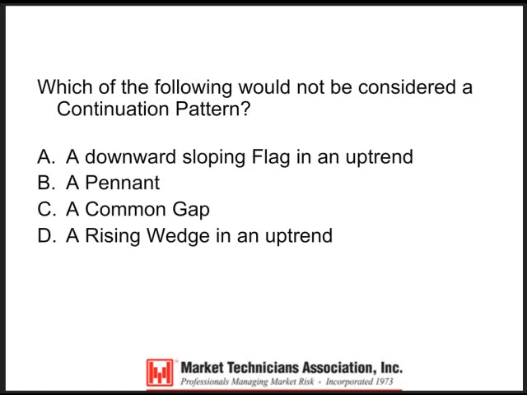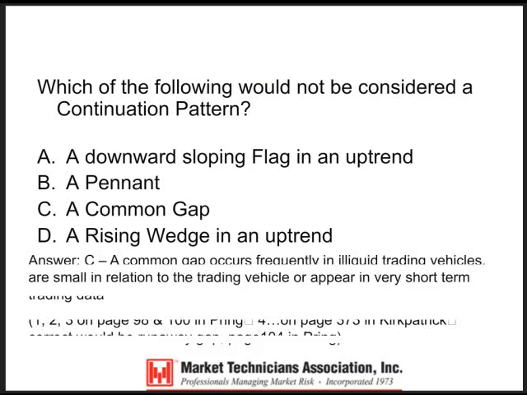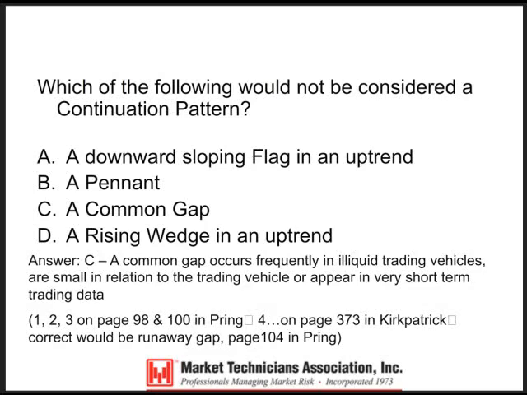So which of the following would not be considered a continuation pattern? And that's C, the common gap. Those frequently occur in illiquid trading vehicles, when they're small in relation to the trading that they appear in, very short-term trading data.